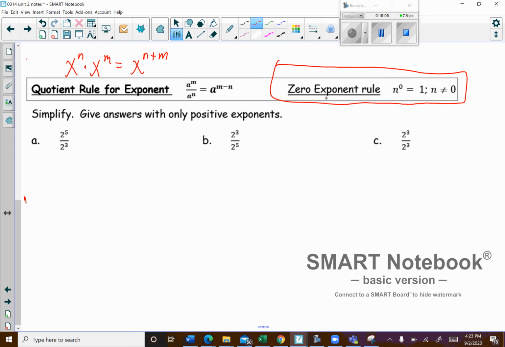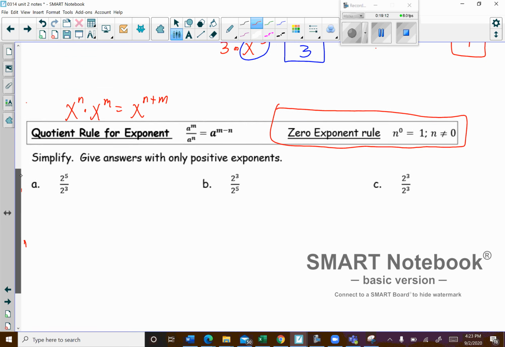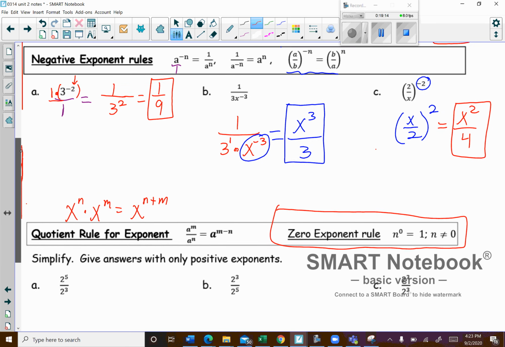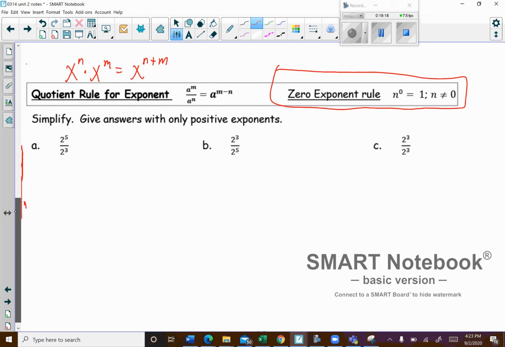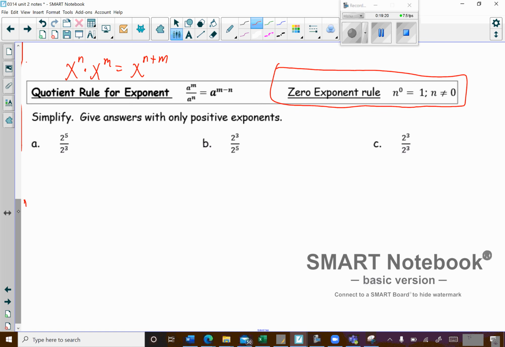Then we have the zero exponent rule, and this one's kind of interesting, but it actually connects with the negative exponent rule up here, and we can talk about that a little bit. I don't want to go too far off on that because I'll just end up confusing more than I'll be helping. But if you have a base raised to a power of 0, as long as the base is not 0, it equals 1.